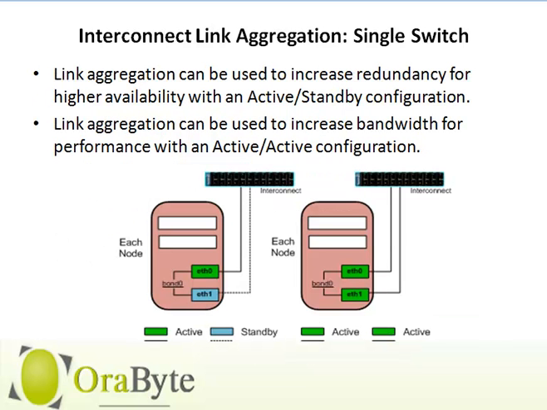So now, how do we set up the link aggregation in a single switch? If you see the diagram here, each node has ETH0, ETH1, and they are bonded together and they are both connected to the interconnect. So link aggregation can be used to increase redundancy. That means if the first Ethernet card fails, the second will take over the operation.